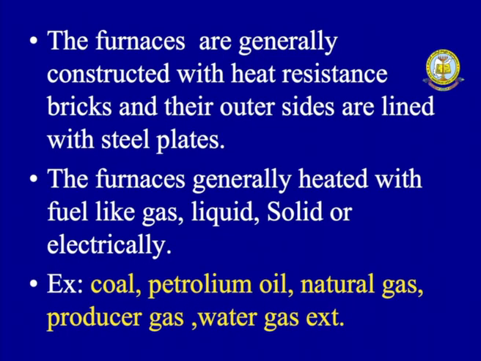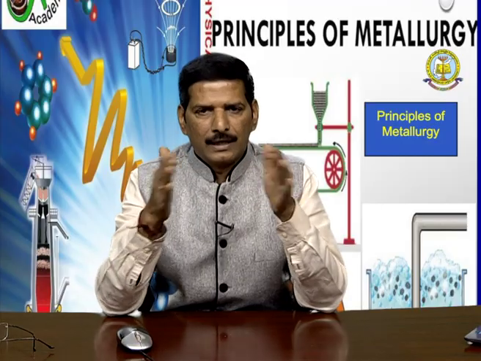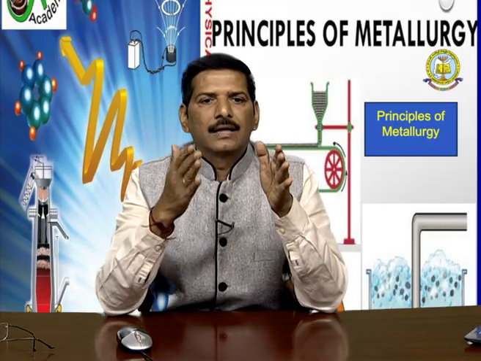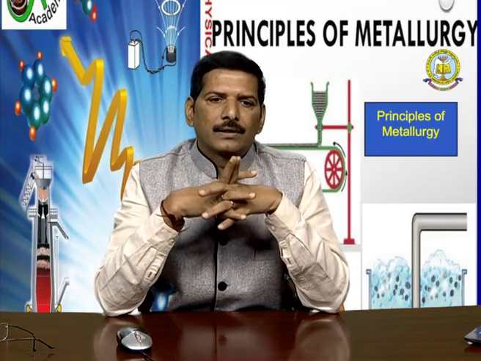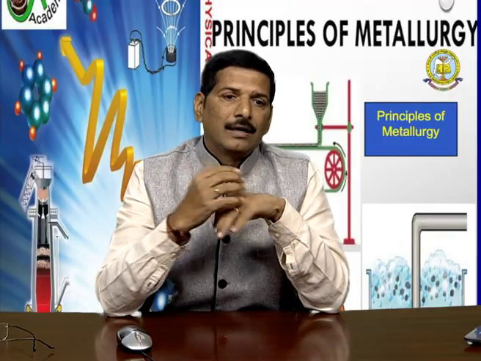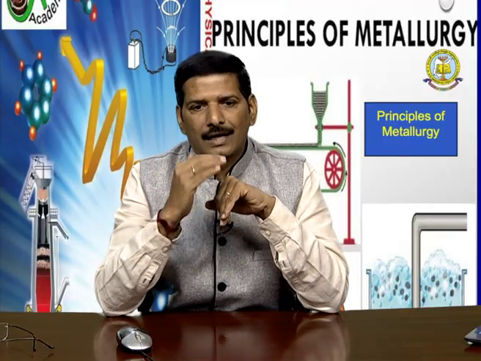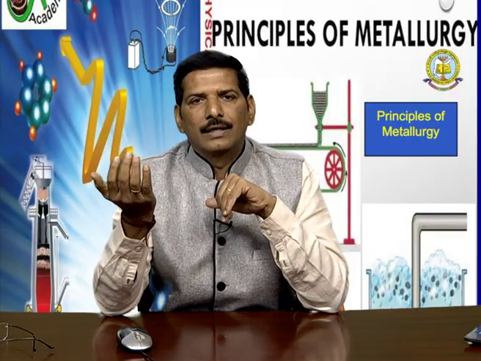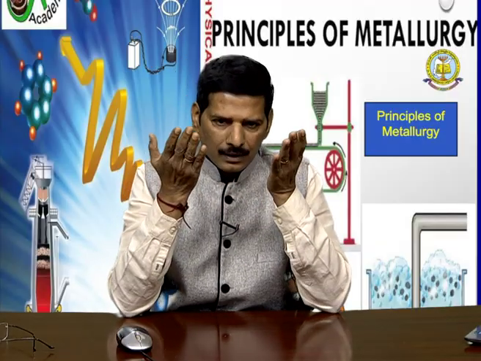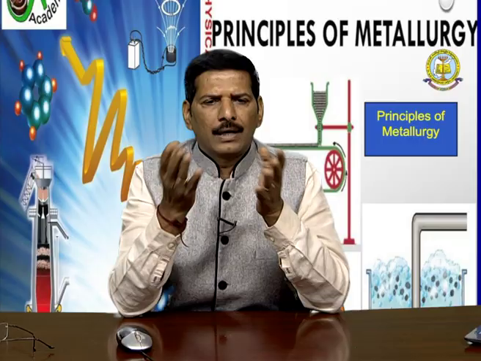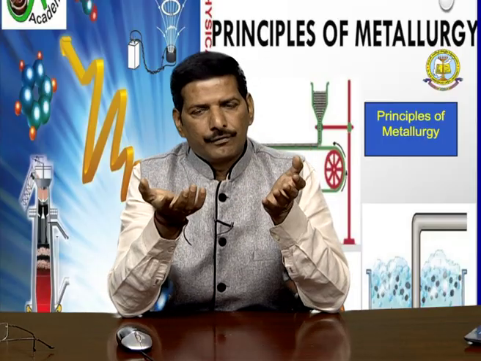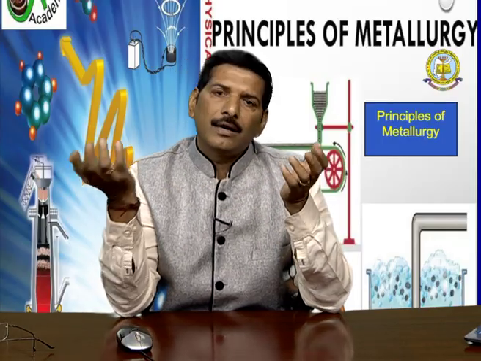The furnaces are generally constructed with heat-resistant bricks and their outer sides are lined with steel plates. So, the walls are constructed with bricks that withstand temperature. The furnaces are generally heated with fuel like gas, liquid and solid, or electrically.